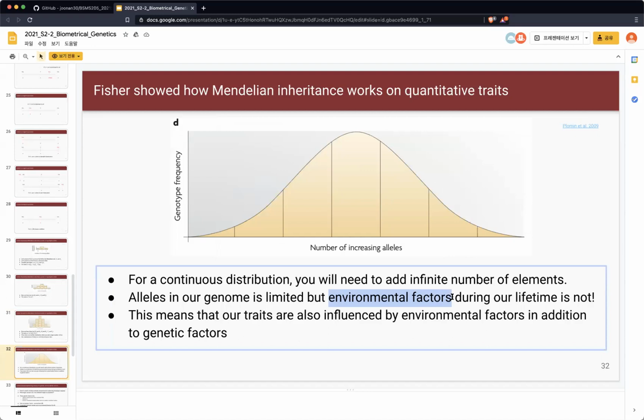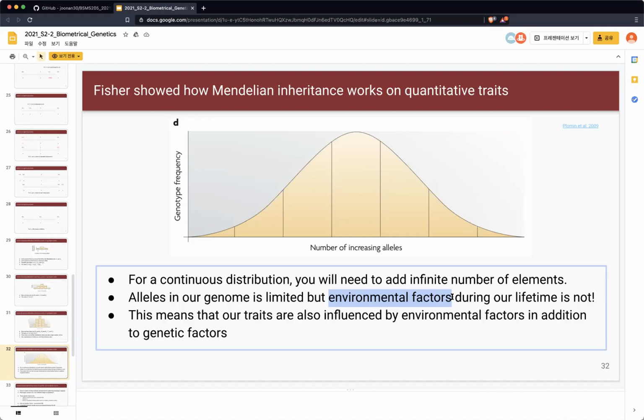We can think of how much you sleep, how much you do stretching, how much you exercise, right? We can actually add up so many things, so many physical activities or environmental exposures. So during our lifetime, during our development, environmental factors are almost infinite in number.